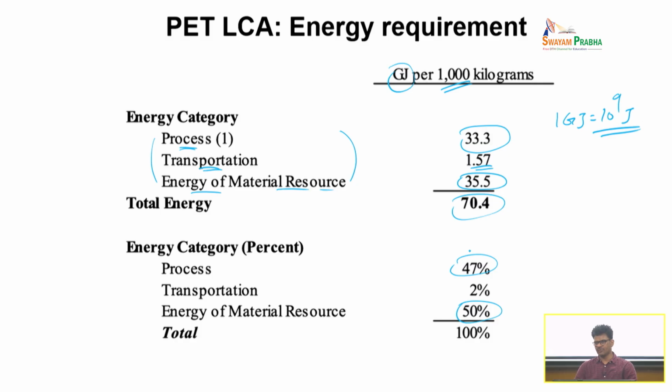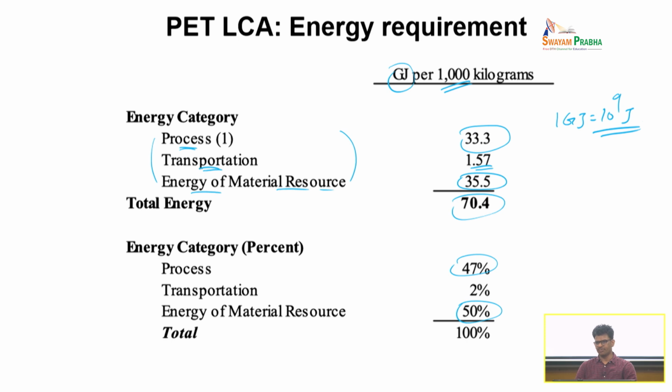This is even before you do the process. It is like getting the raw material to the plant. That also costs energy, because these raw materials have to be mined and extracted. So you can see the total energy is about 70.4 gigajoules. Almost 50% is for raw material mining and extraction, and the remaining roughly 50% is for the process.